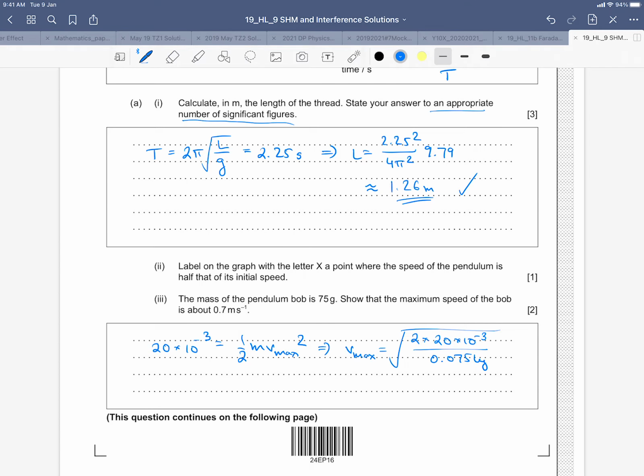Remember to convert grams to kg because we're working with joules and meters per second and all that. And you get 0.73 meters per second, which is about 0.7. Remember to show some more decimals than just the 7, so that you actually show you have calculated it correctly.